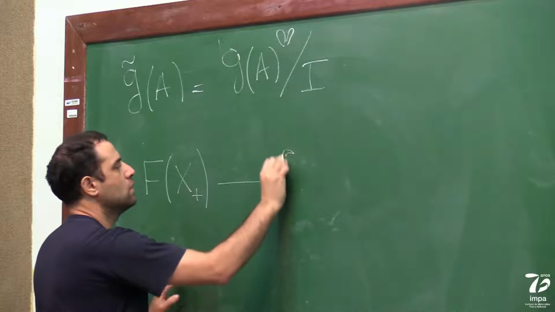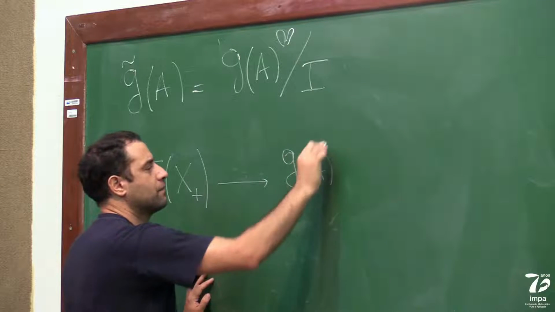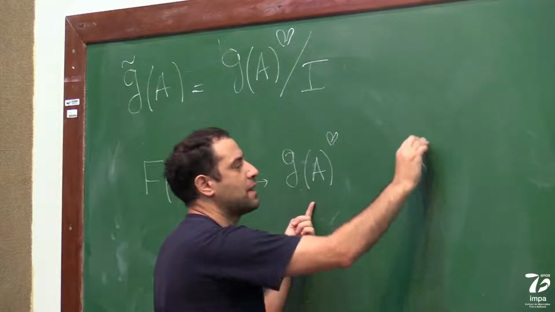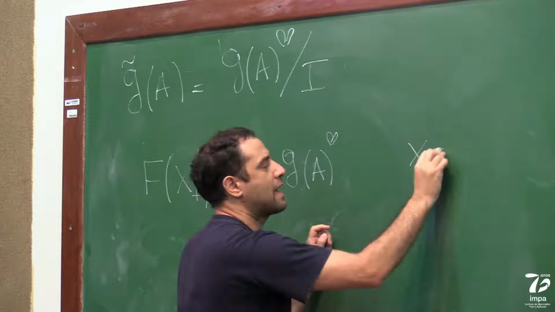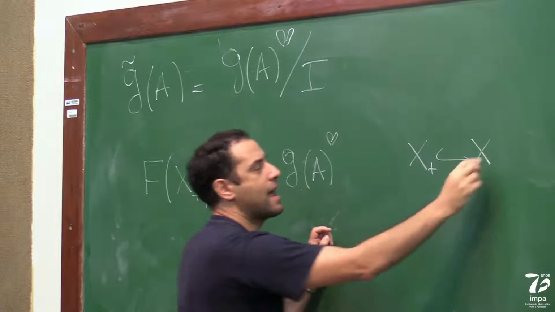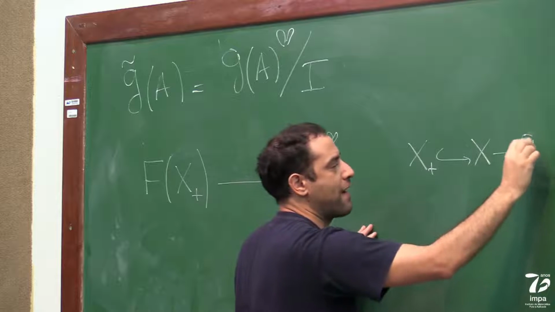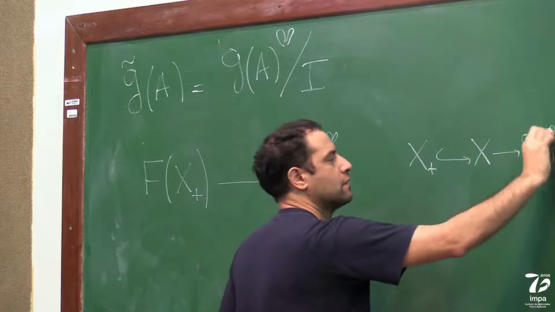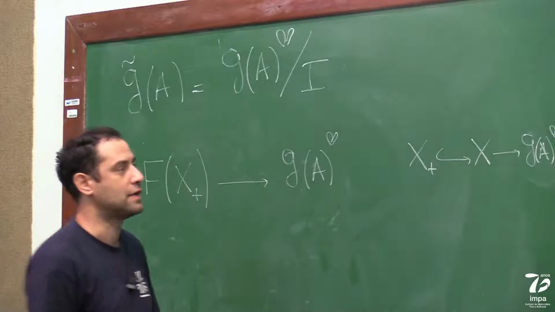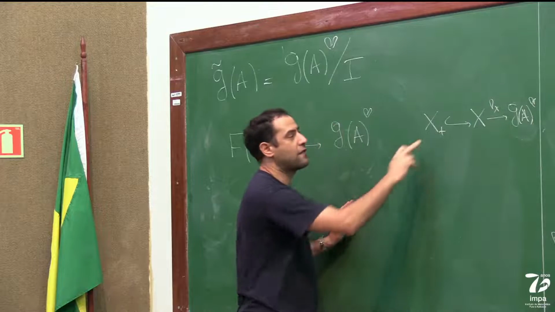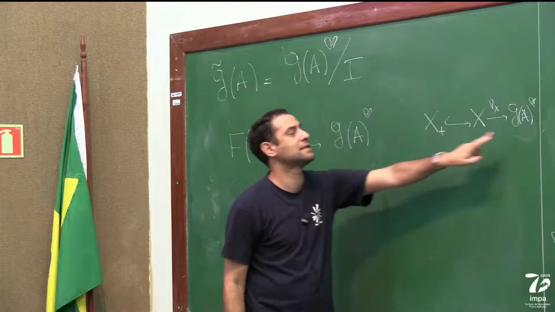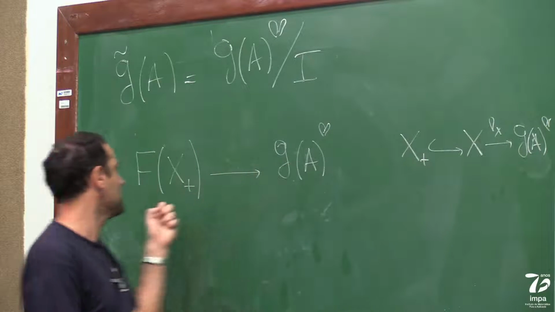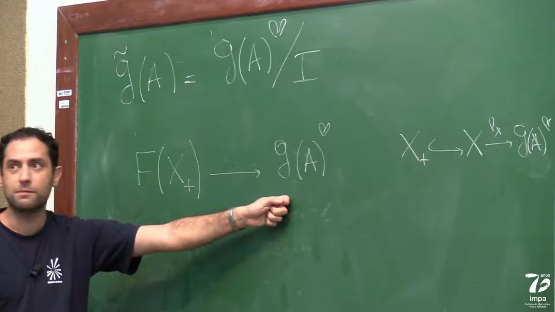We have a map to G hat of A, that's the free Lie algebra generated by X. This map corresponds to the map of sets, which is X plus is inside of X, and X came with a map to f of X. Probably I should just keep using f of X instead of G hat of A. G hat of A is just f of X. It's the free Lie algebra. So this is the eta X. And this composition is a map of sets from X plus to this Lie algebra. Now by the universal property of the free Lie algebra generated by X plus, this gives you a map like this. And this map is unique.